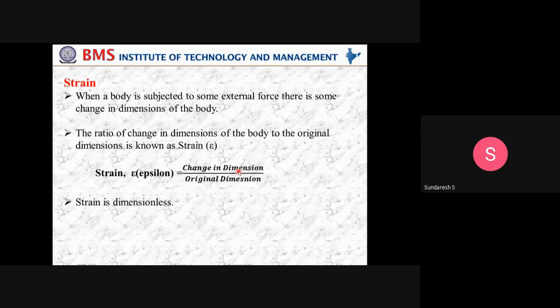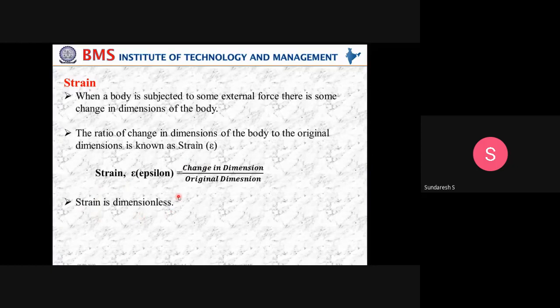Then coming to the unit of strain, since it is a ratio of the dimensions only, and dimensions will be expressed either in millimeters or meters, the ratio of millimeter by millimeter or meter by meter means there is no unit for a strain. Strain is dimensionless.